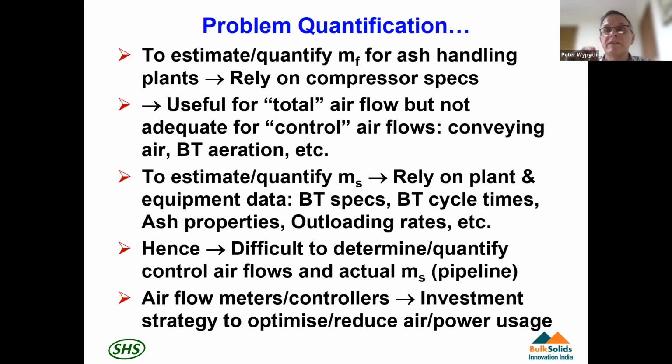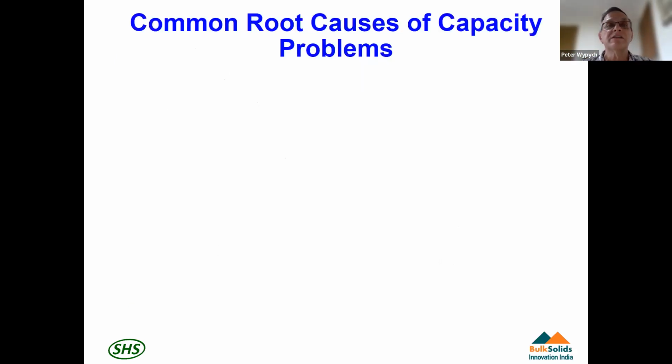Now, we've been quite successful in Australia in doing this, and we're working with partners in China. And there have been cases in some power plants where we've been saving up to 30 to 50% of power and air usage through a plant. So with the initial investment, you get payback within several months. So this is something you need to think about for the future. And once we have that information, we can then look in more detail and more accurately at what's going on in the system.